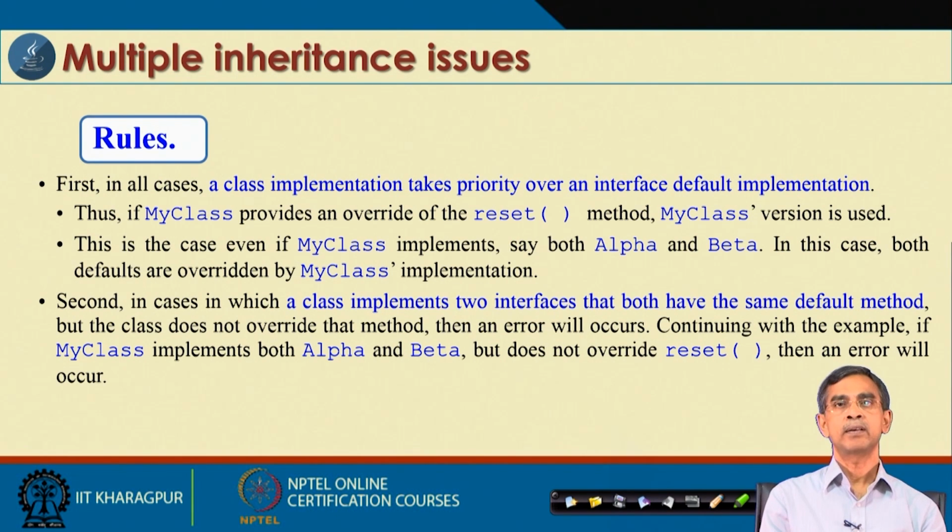If the two methods are the same, with the same return type and the same list of argument types, then there is absolutely no problem; you have to override only once. Otherwise, all the methods have to be overridden in the class implementation of the interfaces. This way it multiply implements all the interfaces, thereby multiply inheriting.